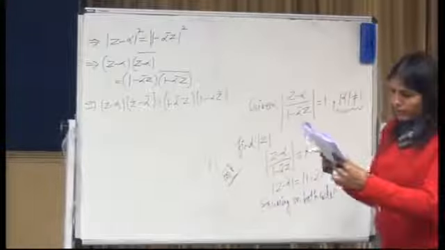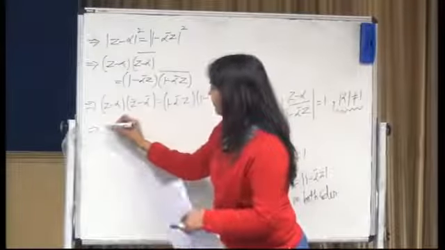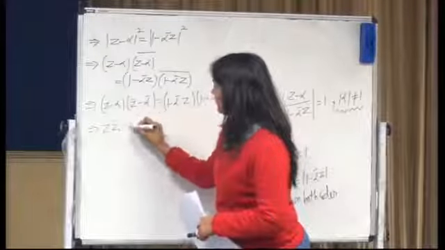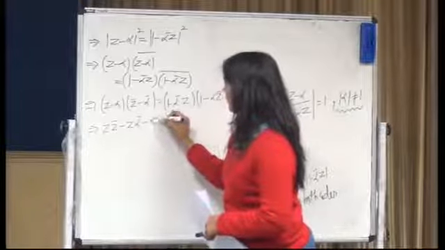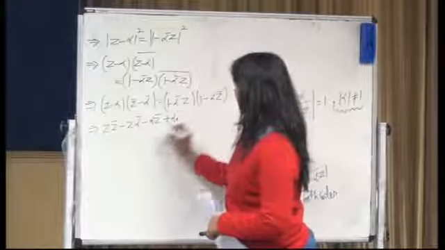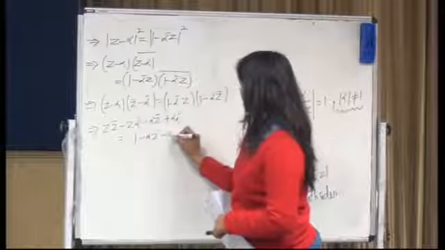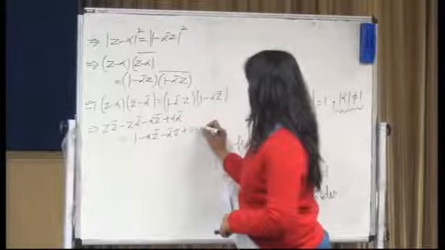So when you multiply, you will get z z bar minus z alpha bar minus alpha z bar plus alpha alpha bar, fine, and on RHS 1 minus alpha z bar minus alpha bar z. Is this okay till here?